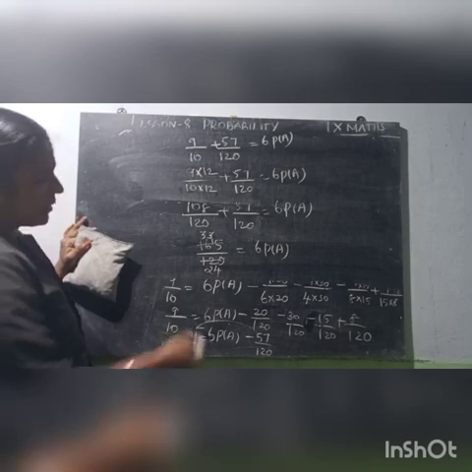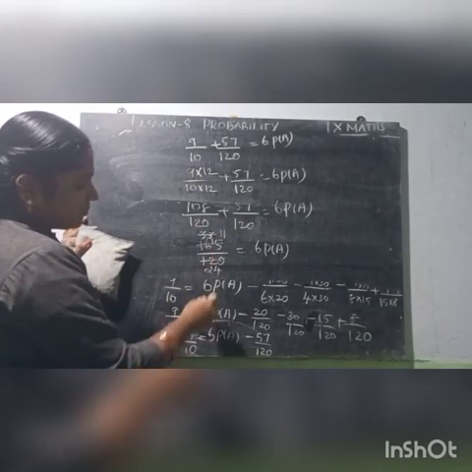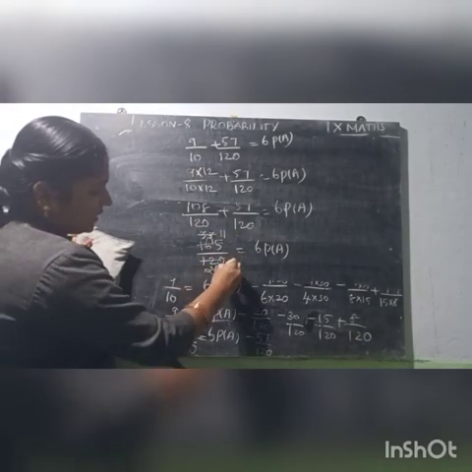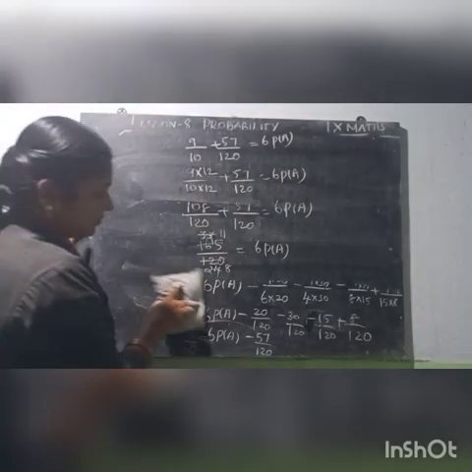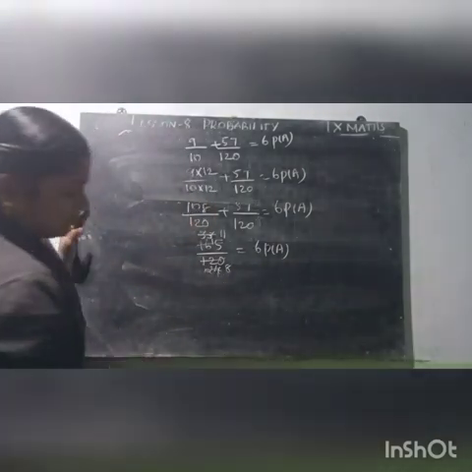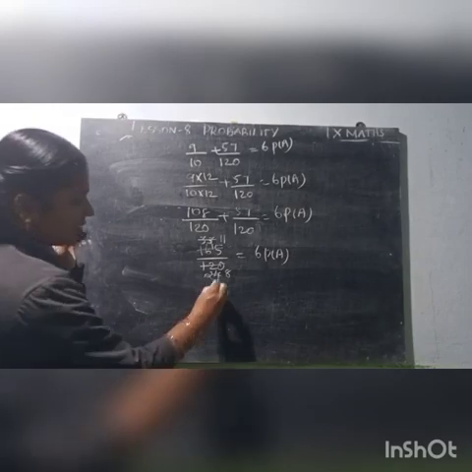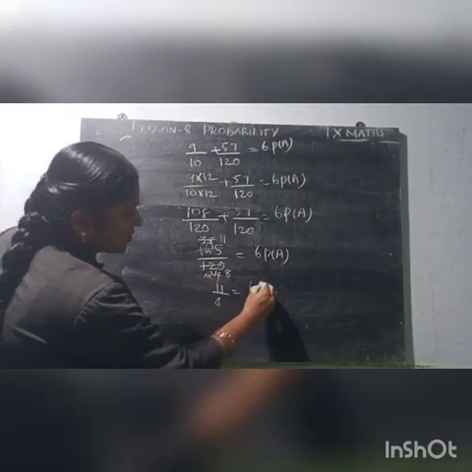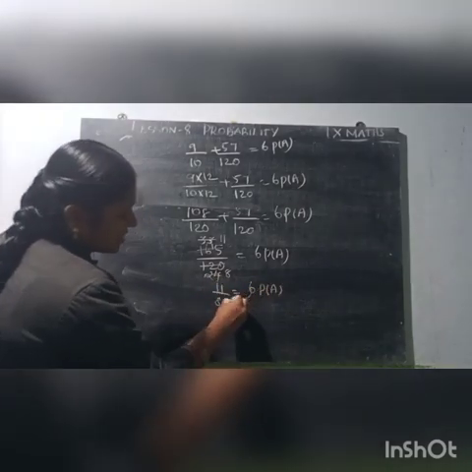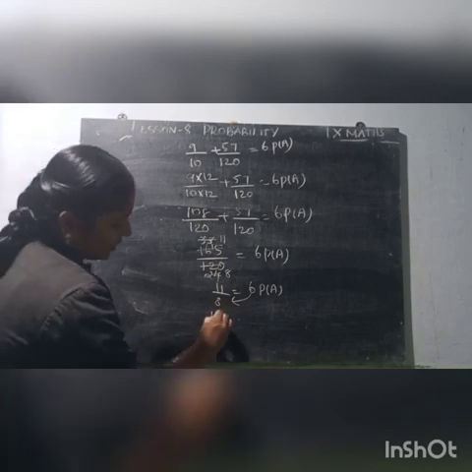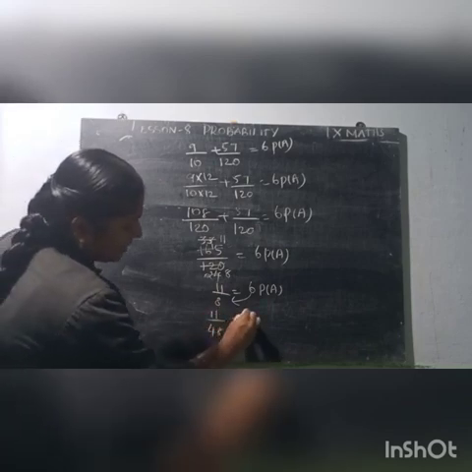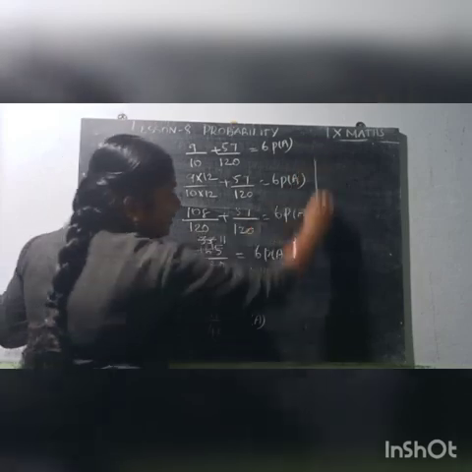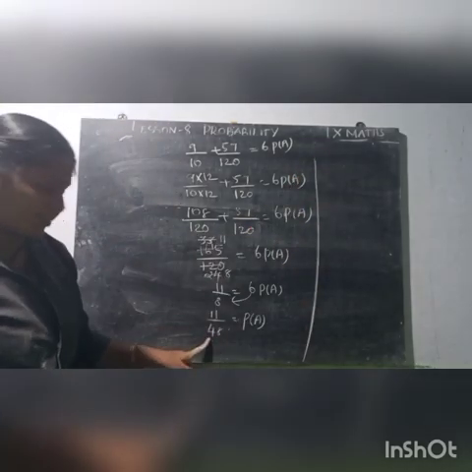Again by 3 table we can cancel. 11 times and this is 8 times. See, 11 by 8 equal to 6 P of A. Bring this 6 to this side. So 8 6s are 48. 11 by 48 equal to P of A. So now we got the P of A value.